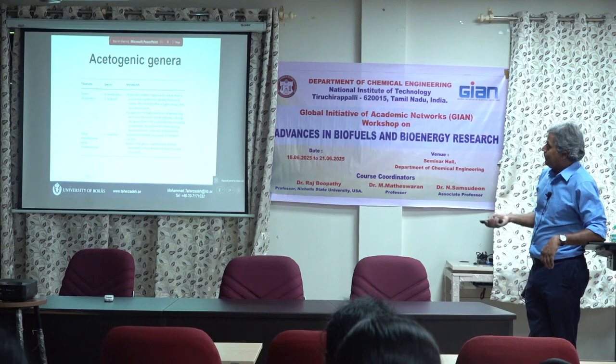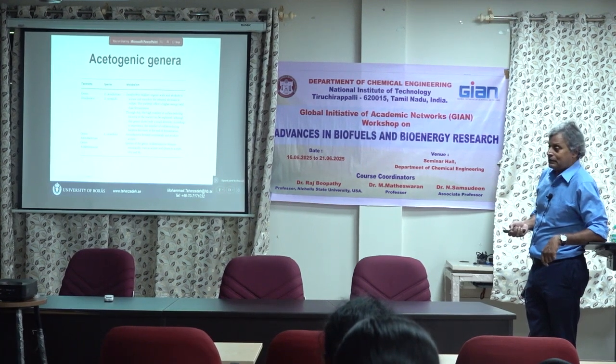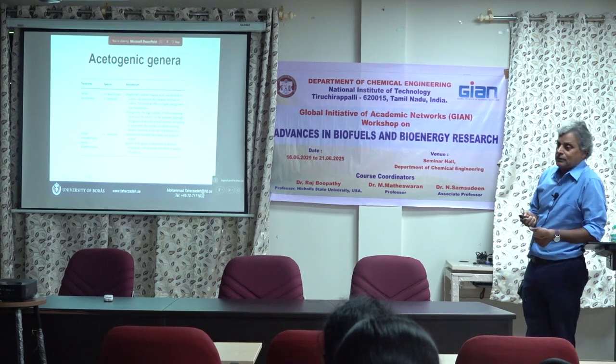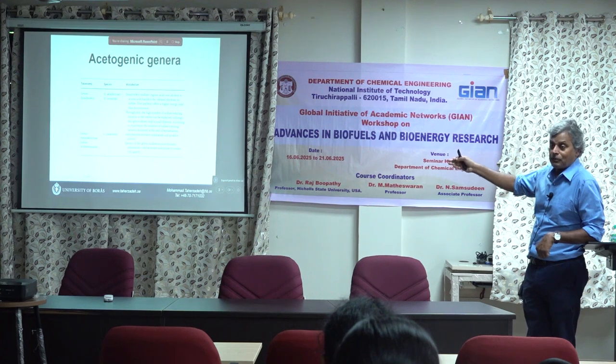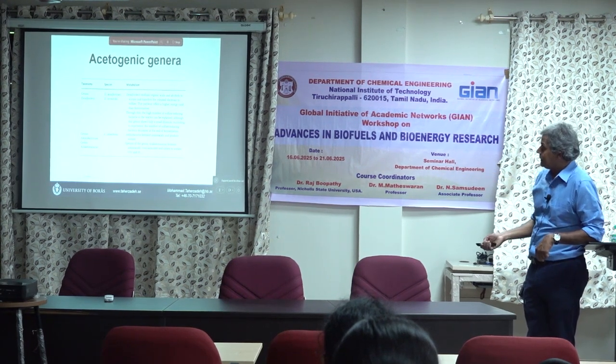These are the bacteria involved in acetic acid production. All the bacteria are listed, including sulfate reducing bacteria and all the other genera that produce acetic acid, and the metabolic pathways they use to break down to make acetic acid.